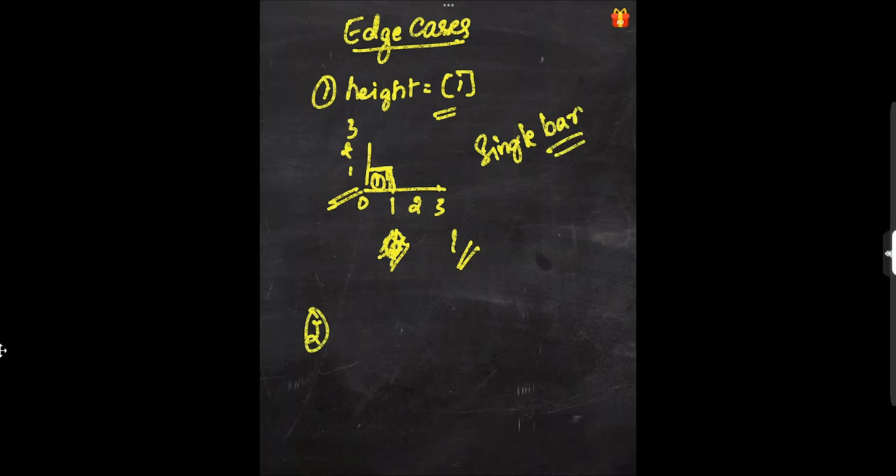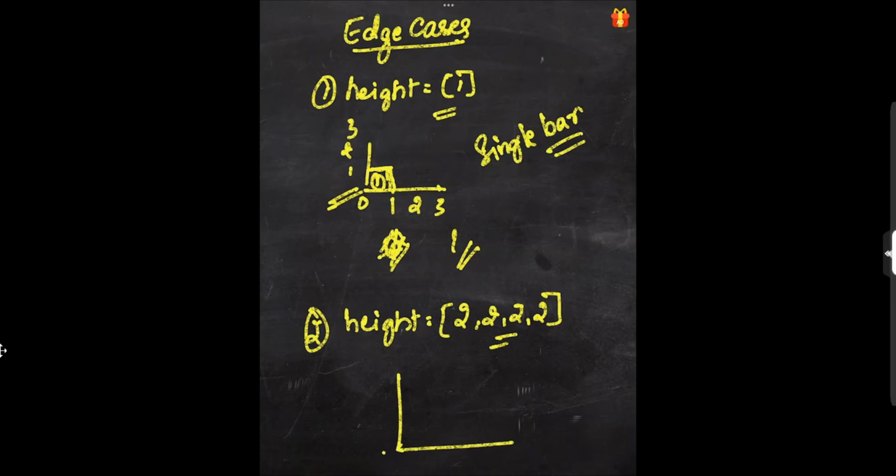Nothing but all bars of the same height. While I say all bars of the same height, I'll consider the input heights. Let me consider some random height, so I'll give 2, 2, 2. This is just for the example. Here it will be the same thing.